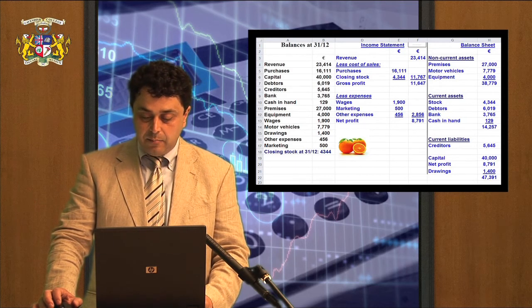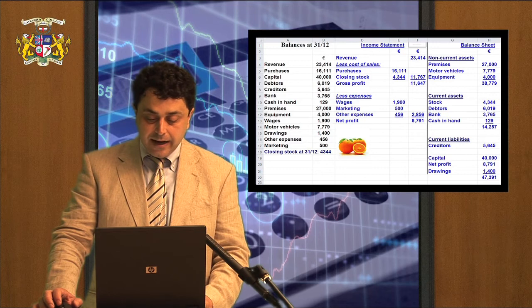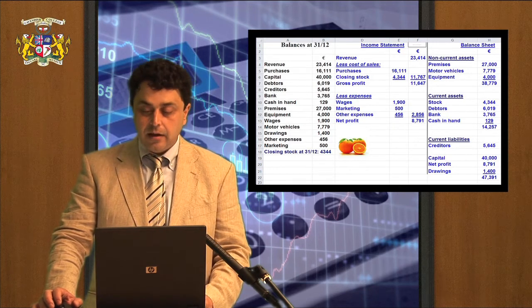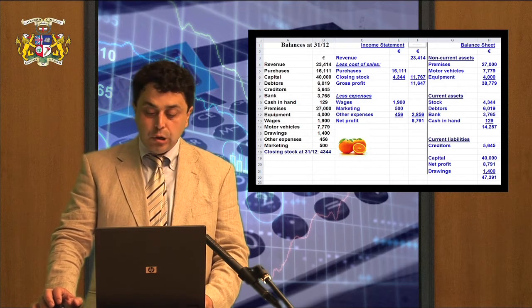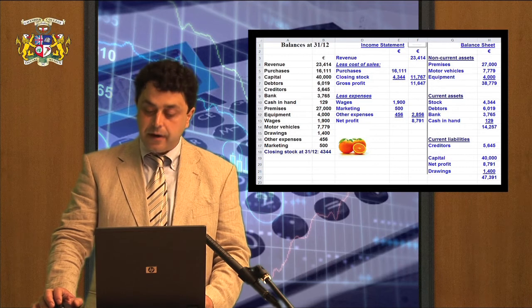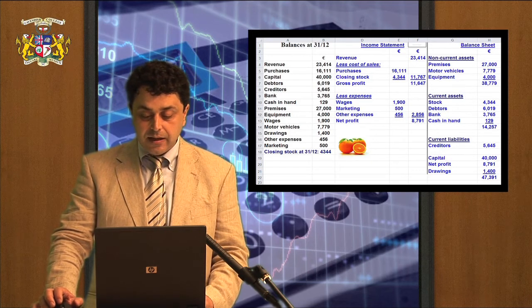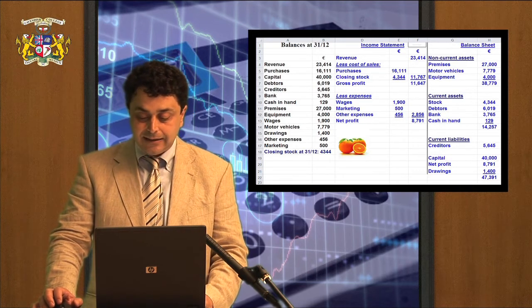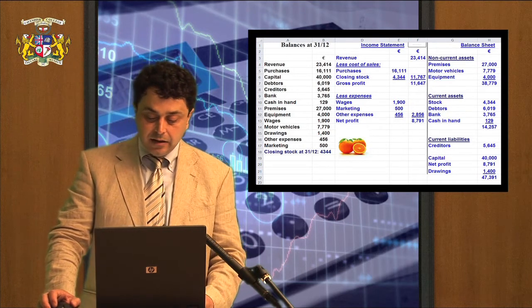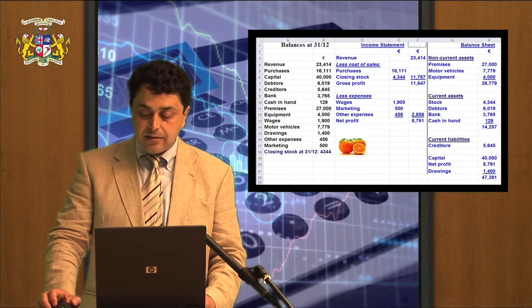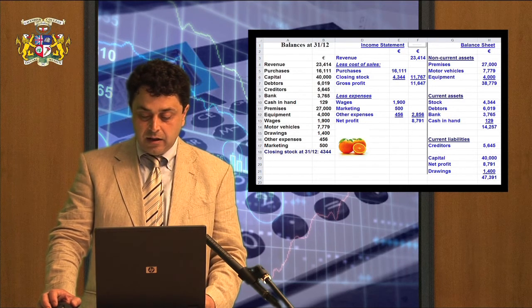These current liabilities have to be paid within a year of the balance sheet date. They include creditors, who are people to whom you owe money for goods and services you purchased and have not yet paid, but you have, as we said, to pay within the next 12 months.